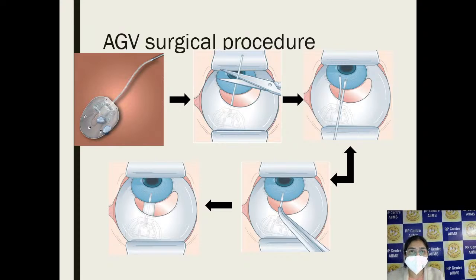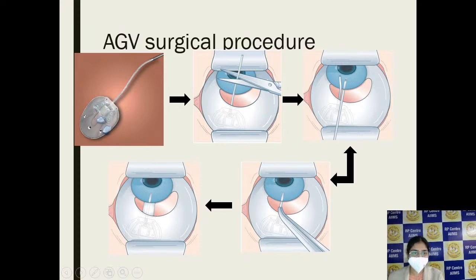In that case, the modification we make is to place the tube in the infratemporal position, because the emulsified silicone oil is mostly present superiorly. So we place the tube infratemporally in the AC.